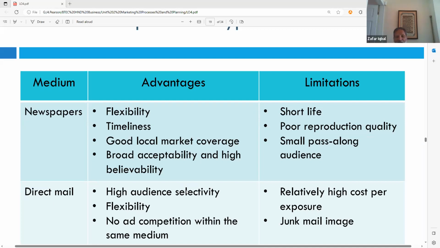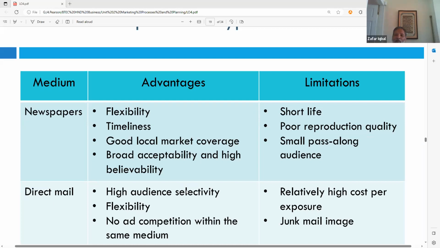People don't look at local newspapers very much, and they have a limited impact, whereas national newspapers have more impact, but they're expensive.